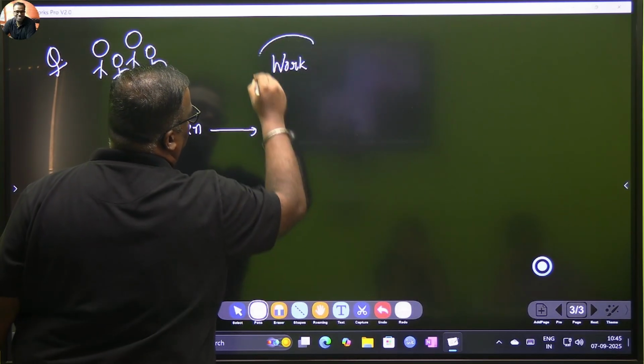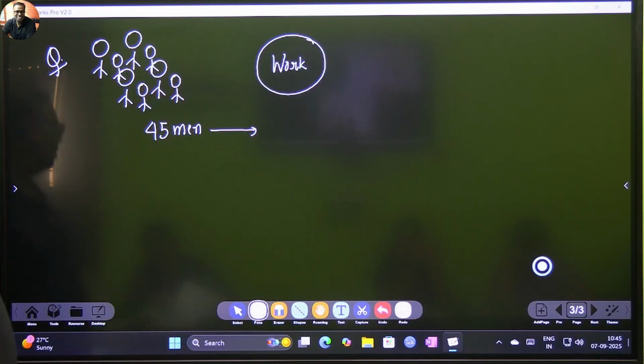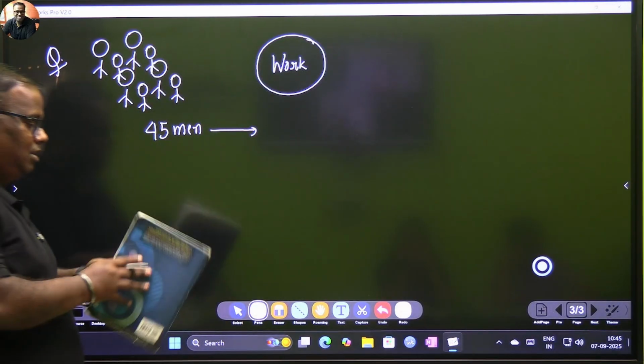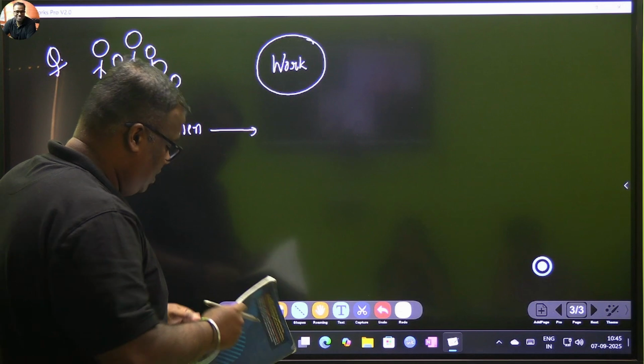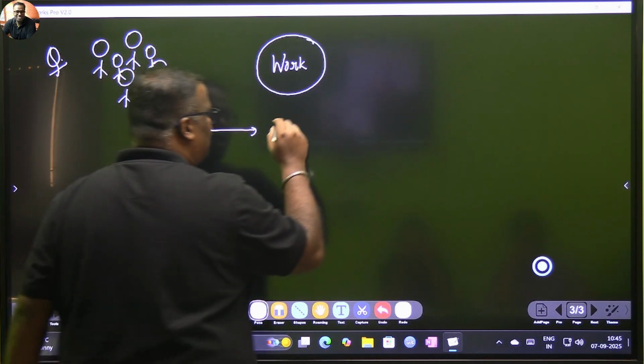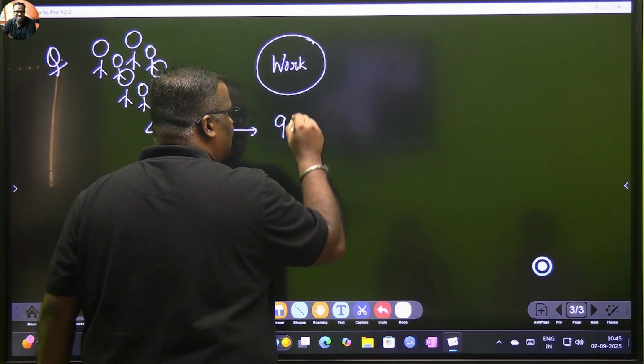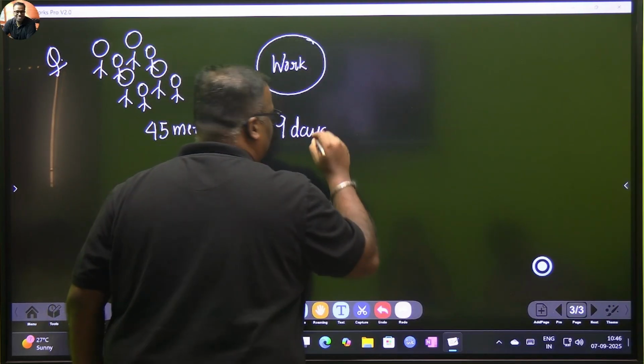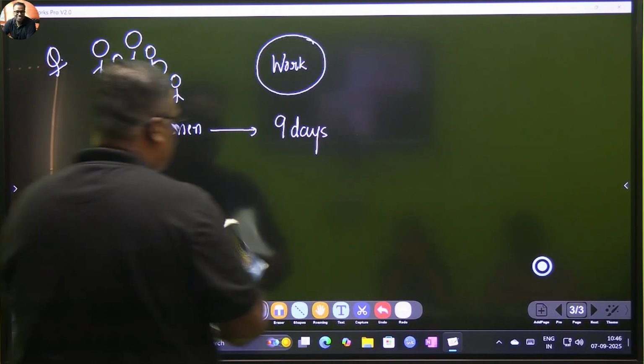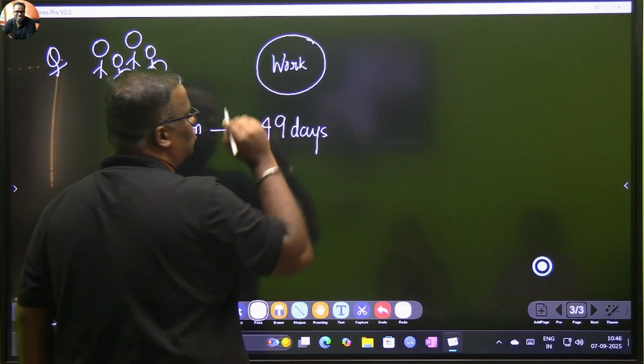What is this work? Cleaning public toilets. So 45 men need 9 days to clean those toilets.